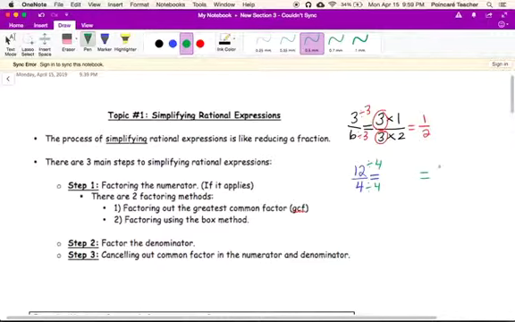And you would say that it's 3 over 1. Well, why do we divide by 4? We divide by 4 because 12 can be written as 4 times 3, and 4 can be written as 4 times 1, and 4 is what's called the greatest common factor of 12 and 4.